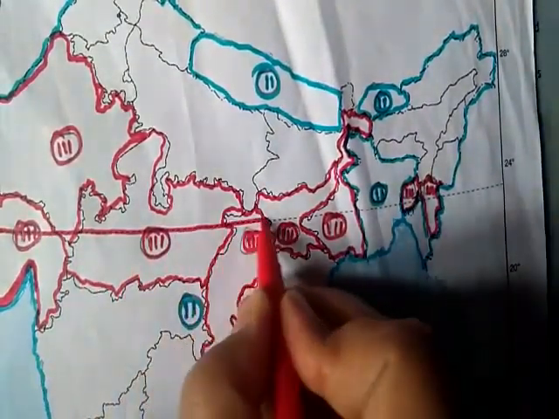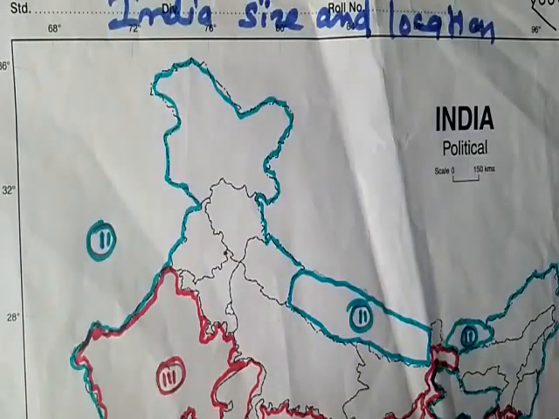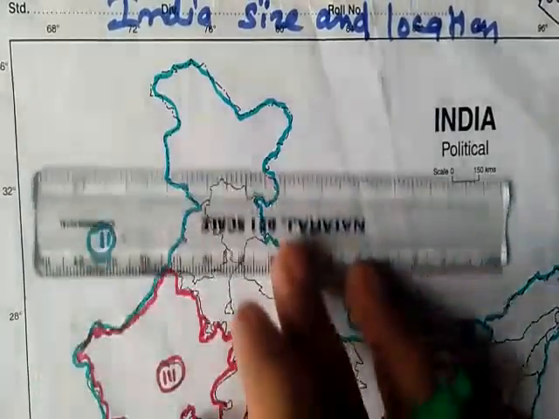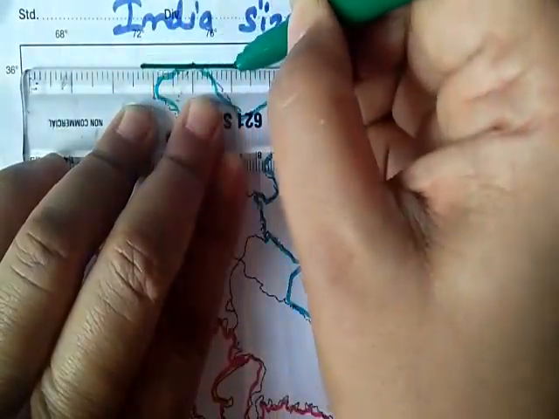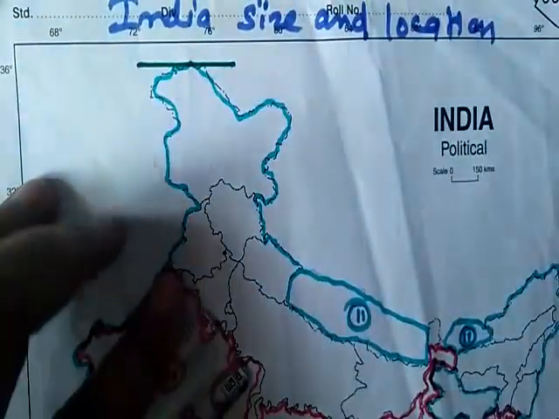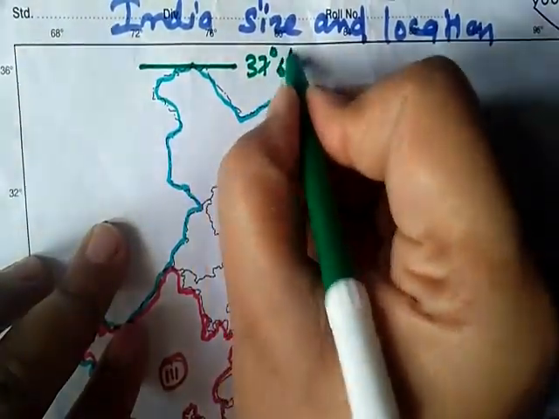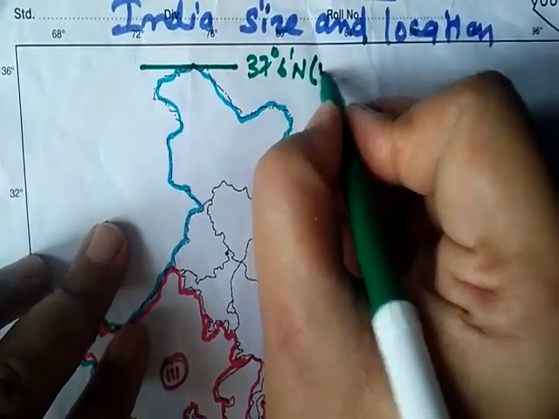The next question, question number 4, is the northernmost latitude in degrees. So you will show the degree in this way. This is a latitudinal line. You will draw a short latitudinal line, and then you will write over here 37 degrees 6 minutes north, and you will give the question number 4.